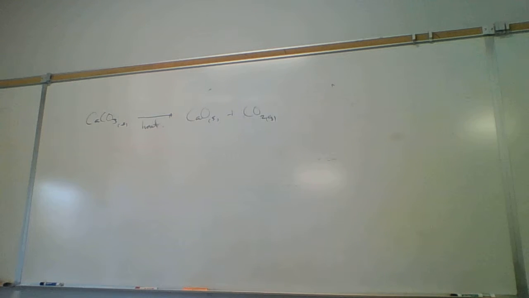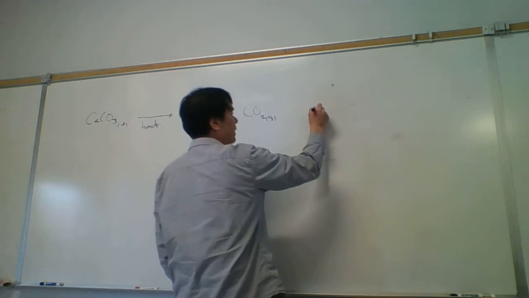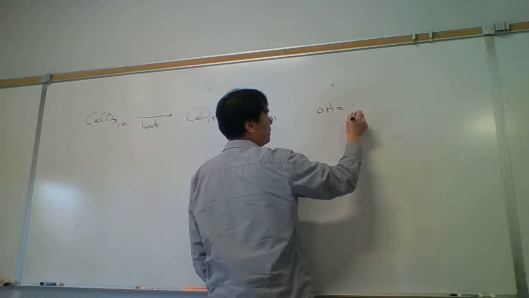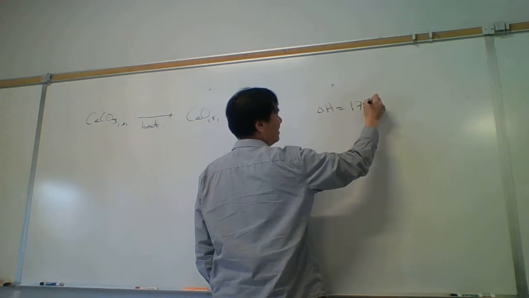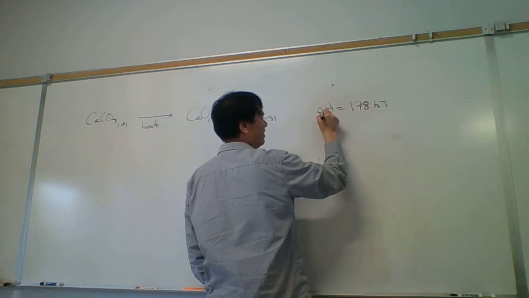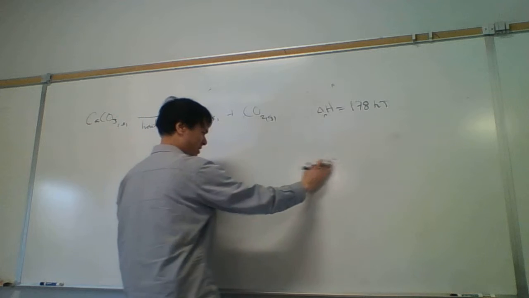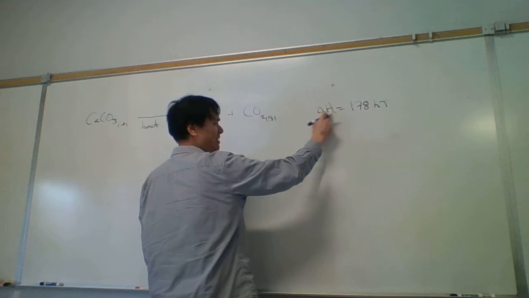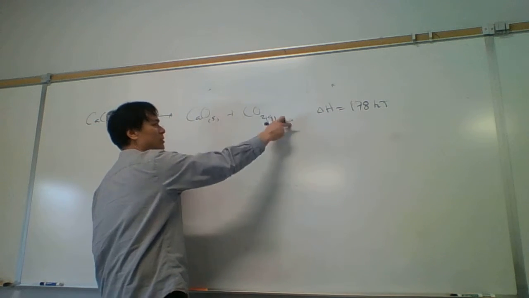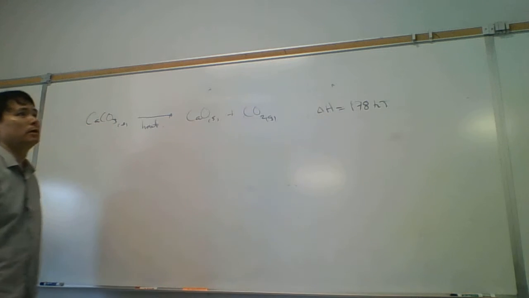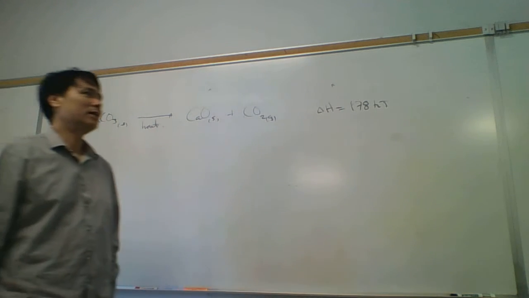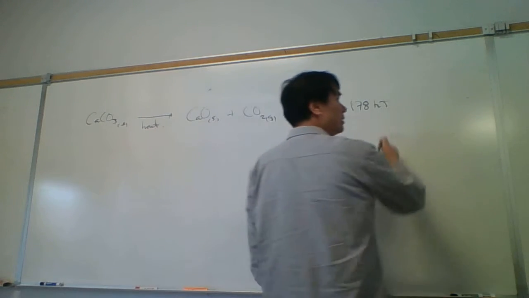This is an endothermic reaction requiring 178 kilojoules per mole. And so delta H for this is 178 kilojoules. They write a little R here. R just means reaction, but this R you don't necessarily have to write, because if I write a delta H here, this delta H is associated with this reaction. And so it says 178 kilojoules per mole of calcium carbonate decomposed.